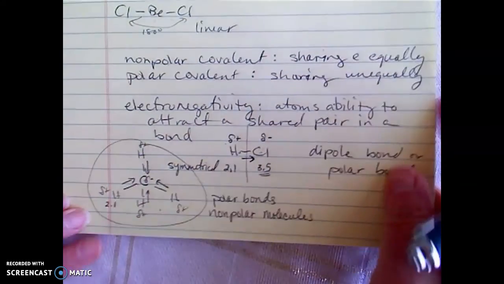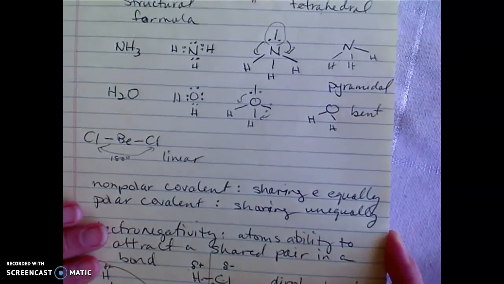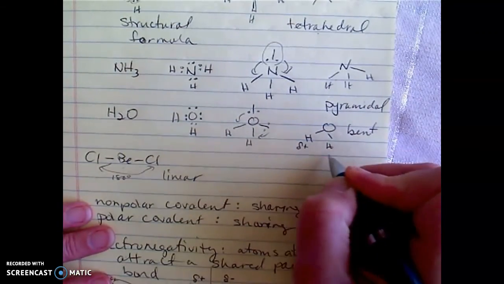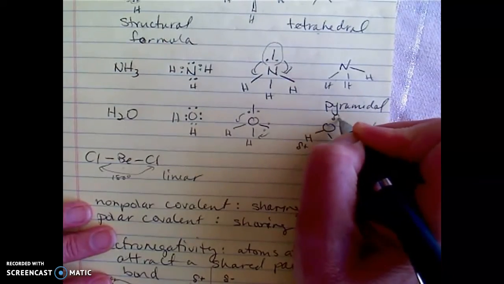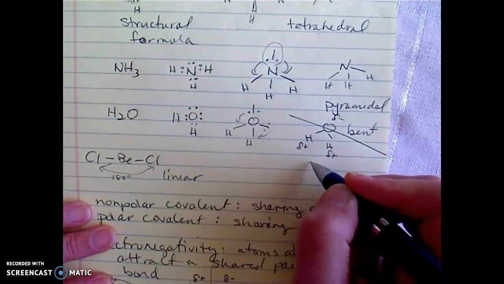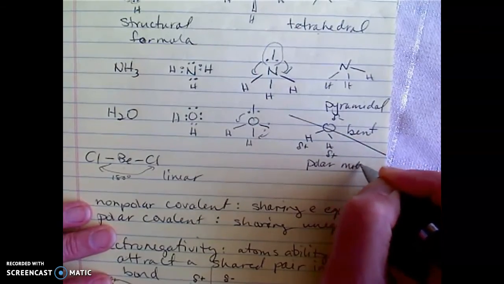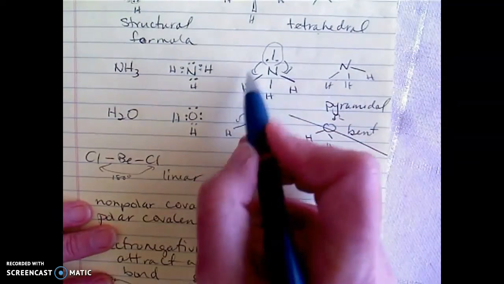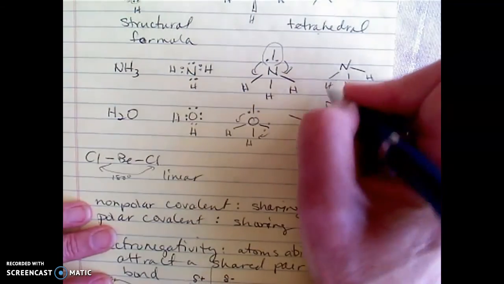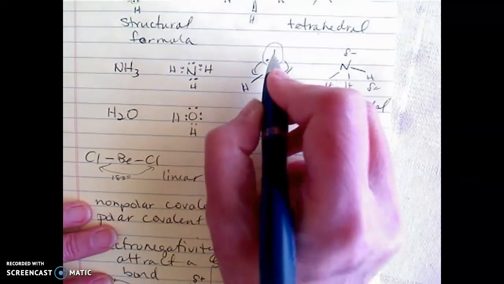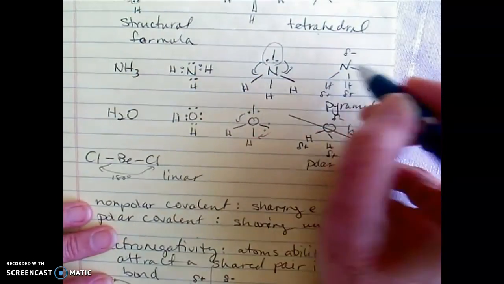So if we were to come back up here and we look at water, you look up those values, hydrogen is slightly positive, oxygen is slightly negative, and you have a polar molecule because of its bent shape. Same with this right here. You've got slightly positive, slightly positive, slightly positive. This one's slightly negative because of this lone pair up there.